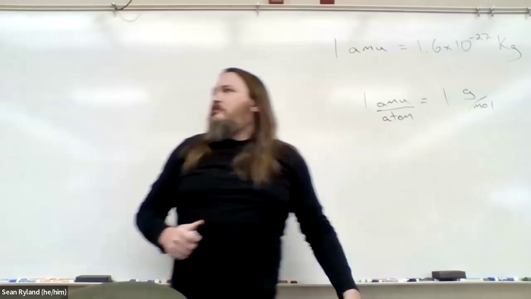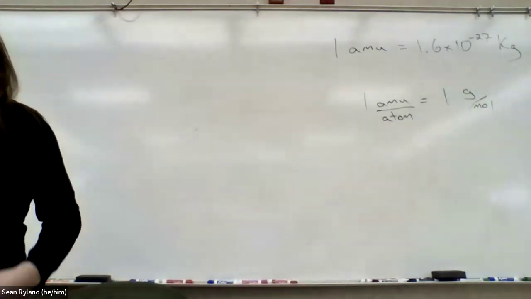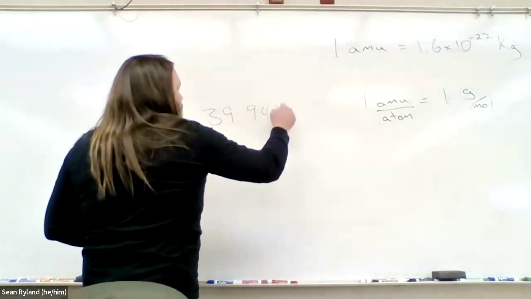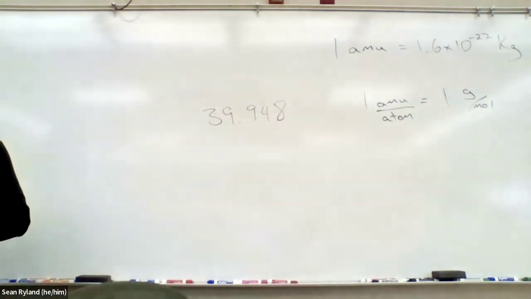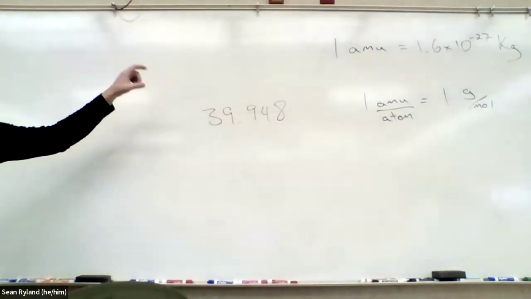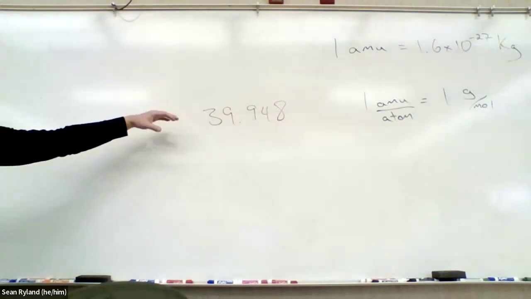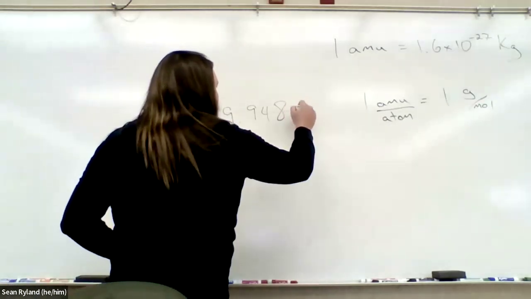So if we looked at, say, our argon over there, it's 39.948. That's the atomic mass of argon. And what that means is basically if you have 1 atom of argon, on average, that atom's going to weigh 39.948 AMU.